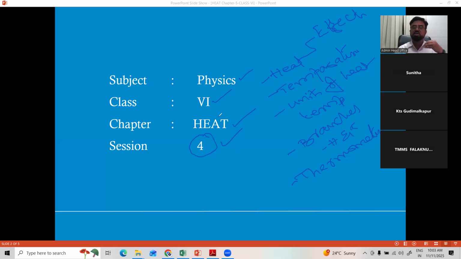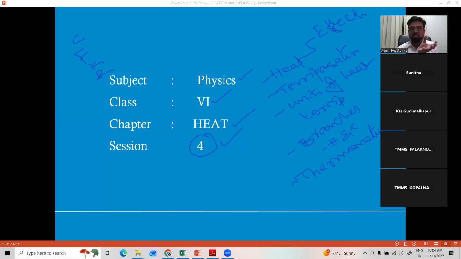After that, we discussed the scales of thermometer like Celsius scale, Fahrenheit scale, Kelvin scale, and Römer scale. All the 4 scales we have seen, along with the relation between them, how they are related and how to convert one scale into another.